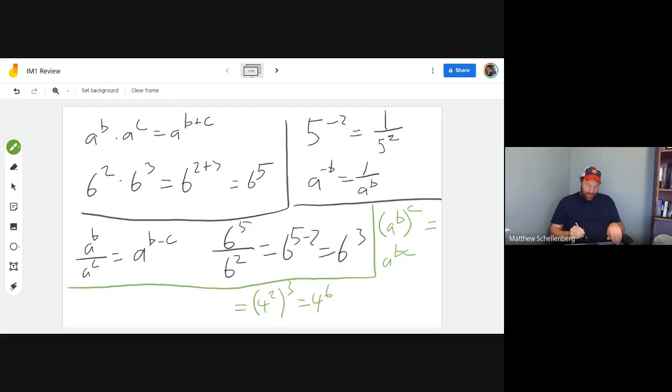And it makes sense because this is really 4 squared times 4 squared times 4 squared. And each one of those is 4 times 4, with multiplication in between each. And that's 4 to the 6th.